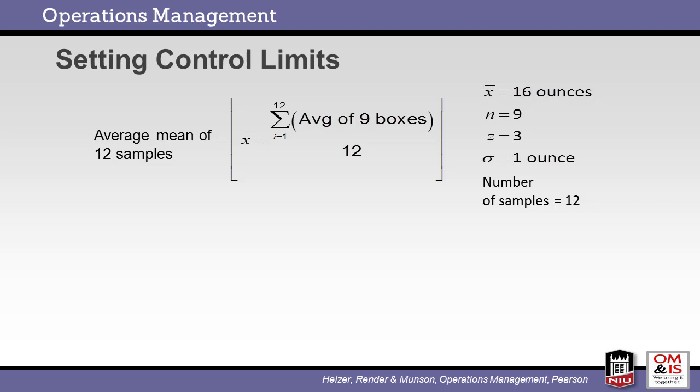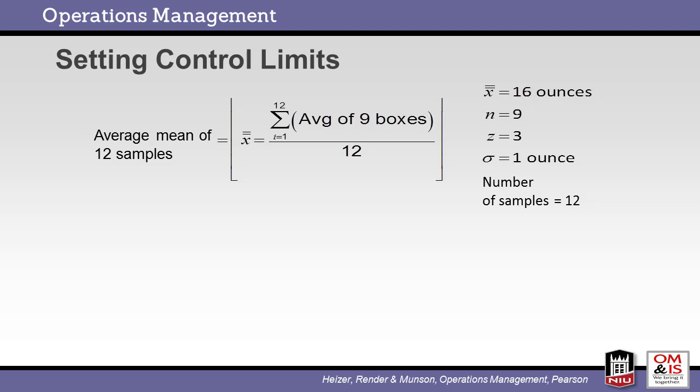To calculate, we sum the averages: 16.1 plus 16.8 plus 15.5 plus 16.5 plus 16.5 plus 16.4 plus 15.2 plus 16.4 plus 16.3 plus 14.8 plus 14.2 plus 17.3.